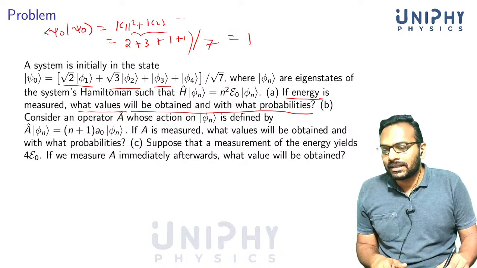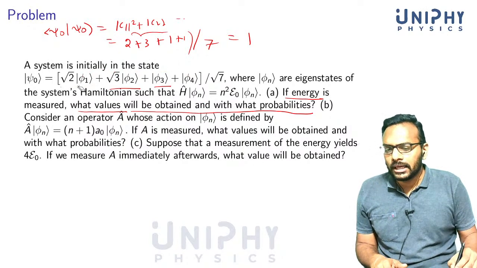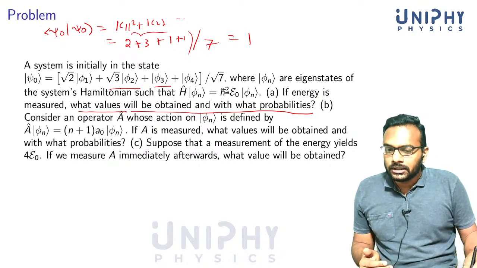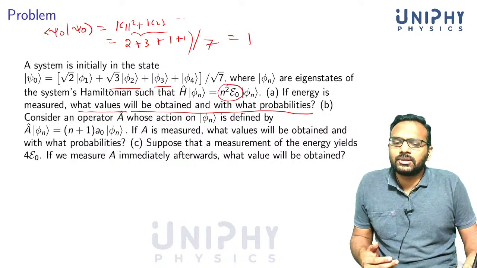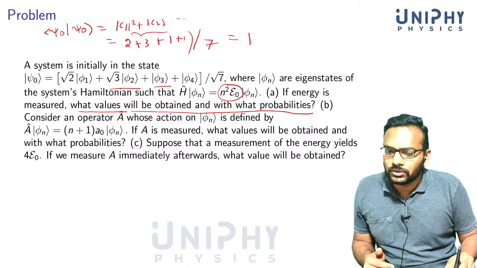It's already given that these are eigenvectors of the Hamiltonian, and we know that the measured values are eigenvalues. The rule to calculate the eigenvalue is n square epsilon 0. Epsilon 0 has dimensions of energy, and n is 1, 2, 3, 4.